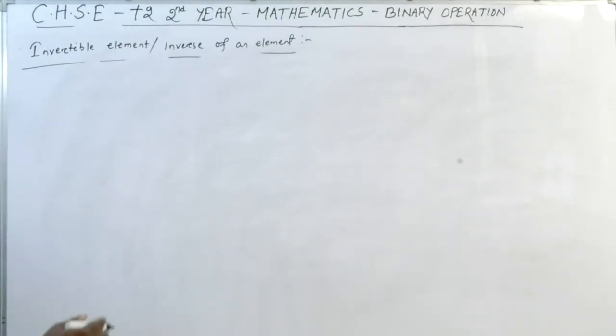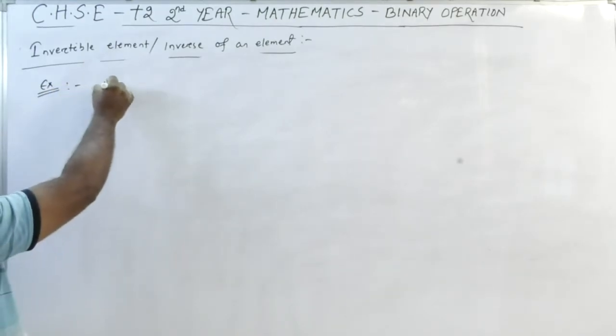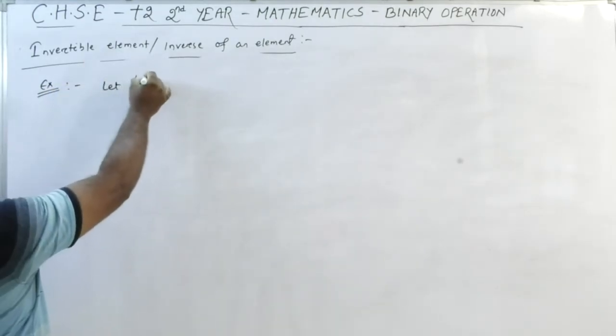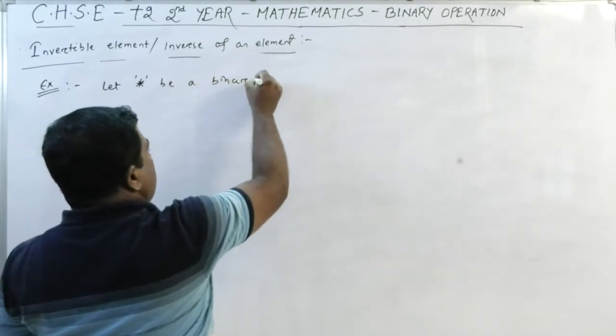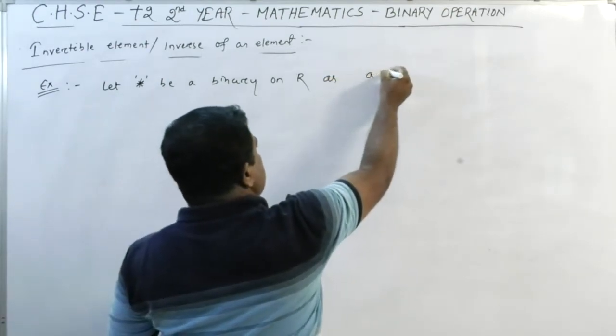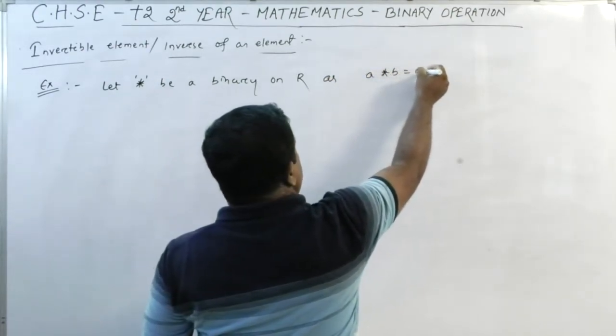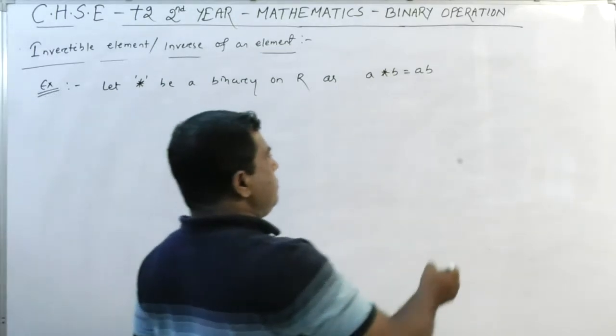Let star be a binary operation on R as A star B equals AB.